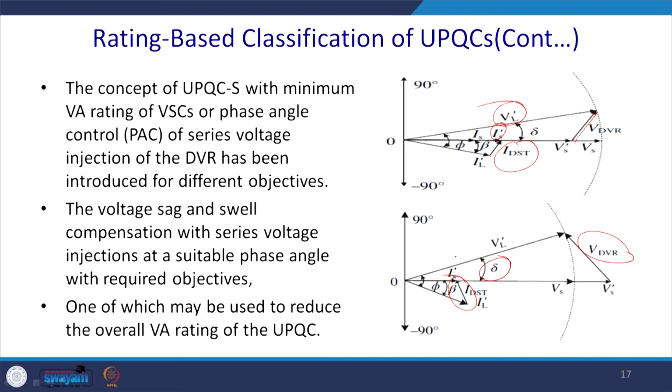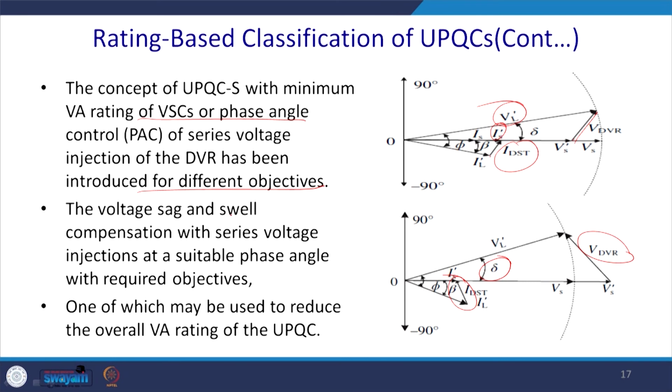So, what we can say here, the concept of the UPQC-S with the minimum VA rating, the major cost here is the switch cost, unlike the patent cost and other things in other industries. The rating of the VSC or the phase angle control, in abbreviation this is PAC, of the series voltage injection of the DVR has been introduced for different objectives.